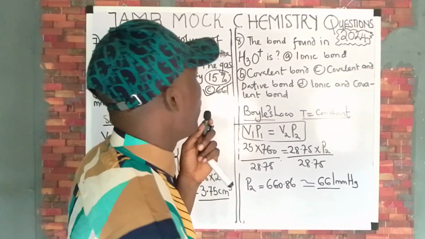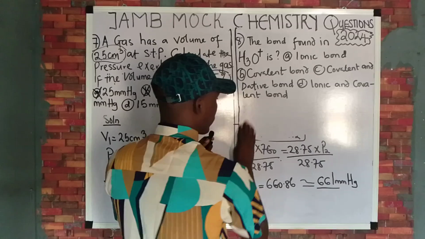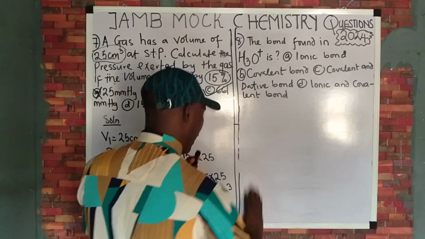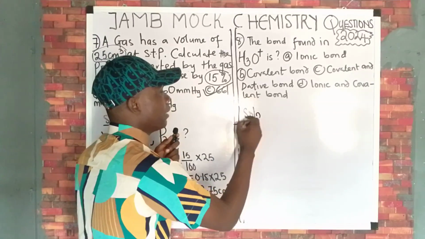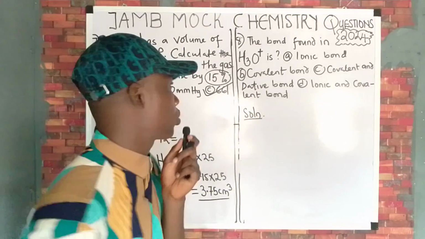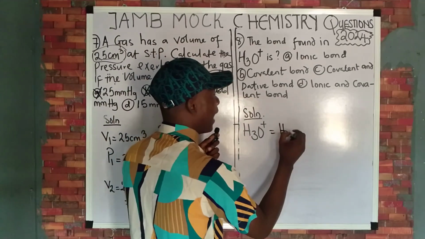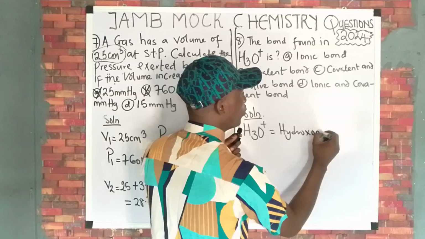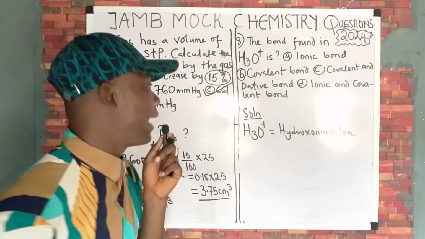The bond found in H3O plus is what? This is a very interesting question also. H3O plus is called hydronium ion.